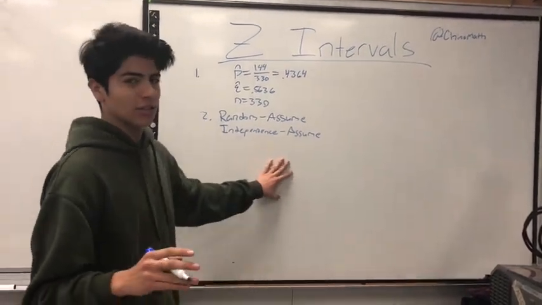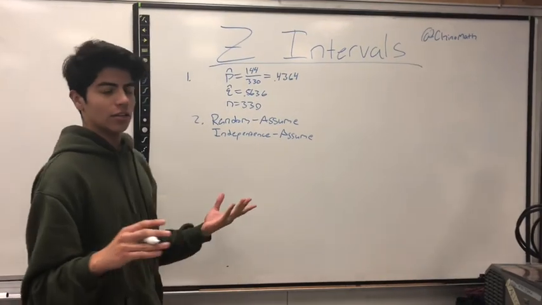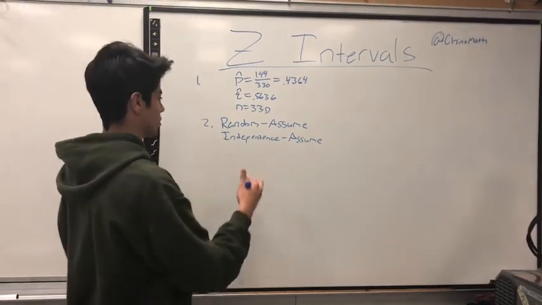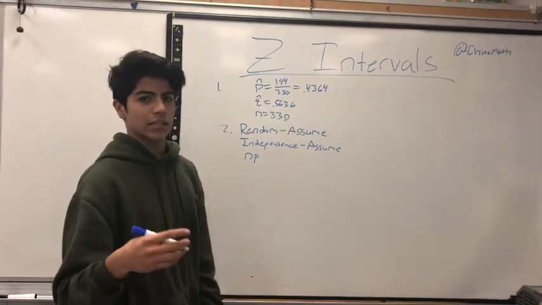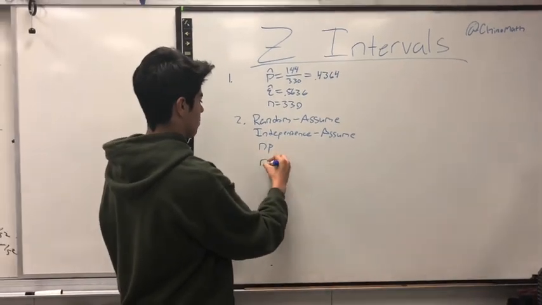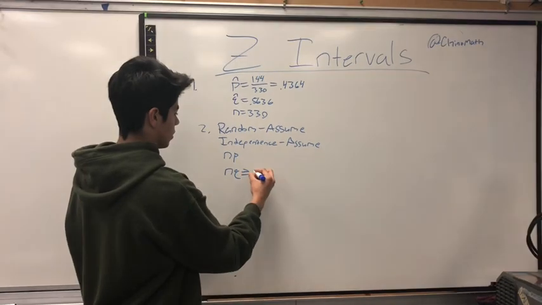The ones we actually need to do work for are the sample size conditions. We need to make sure that we can expect at least 10 successes and 10 failures, so our np and our nq are going to be greater than 10.